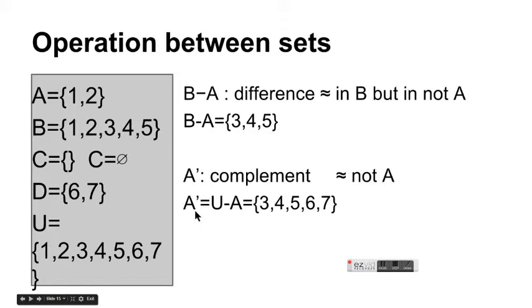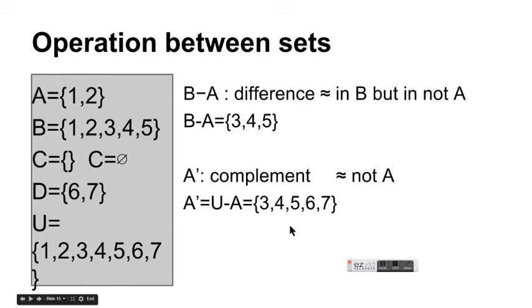And a complement of A would be the difference of U and A. Okay, which is literally not A. So with A being 1, 2, and a universal set 1 to 7, we just take away 1, 2 from the universal set, and we get this set.